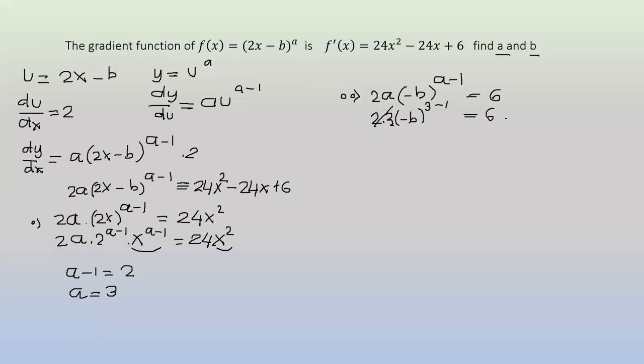And 6 divided by 6 equals 1. So (negative b) squared equals 1. So negative b equals 1, because negative 1 times negative 1 equals 1. So a equals 3 and b equals 1.